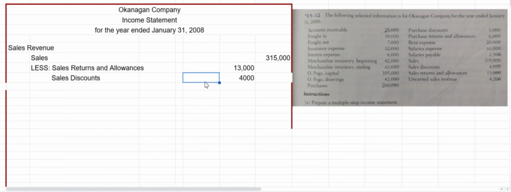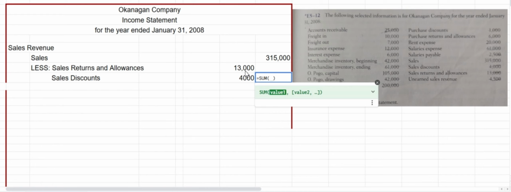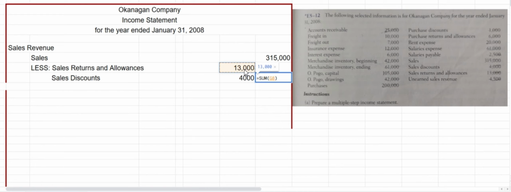So as I said, these 2 numbers added together is significant. So I'm going to try to add these together. Which gives you $17,000. And I'm going to underline this to show that we're adding it.